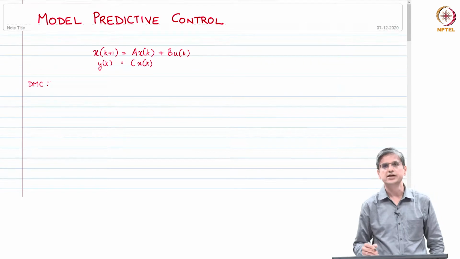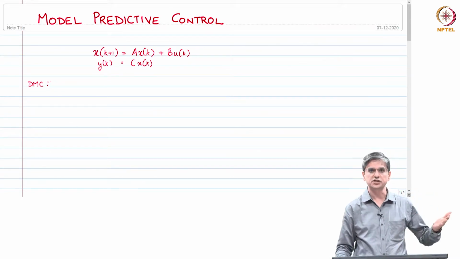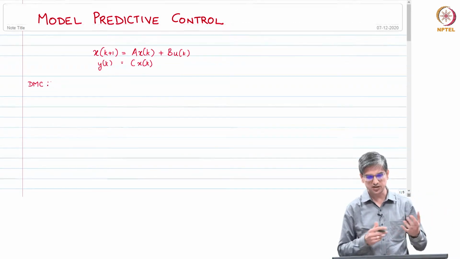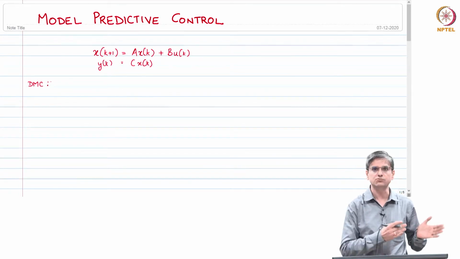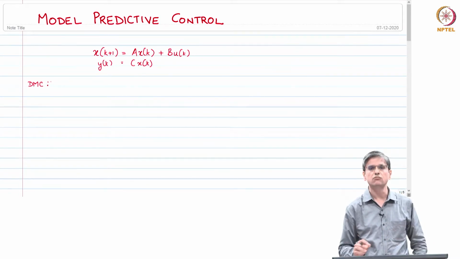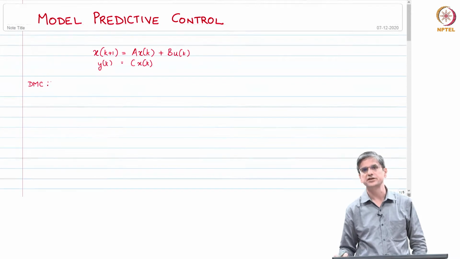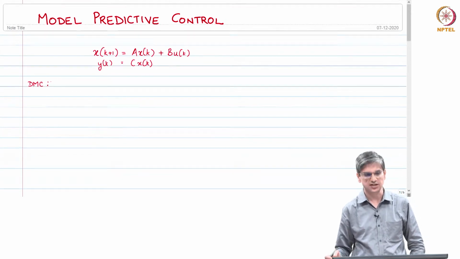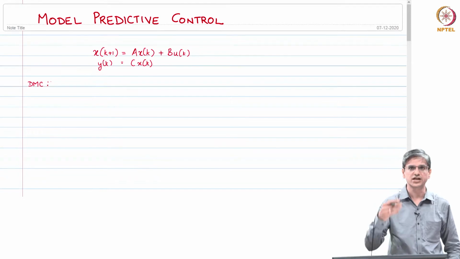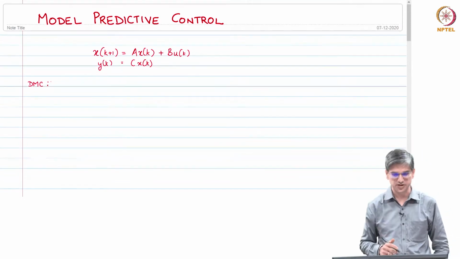Okay. In addition to that, there were unmeasured disturbances and errors in the model and plant, which we called model plant mismatch. And to handle model plant mismatch and those errors, we introduced the term e(k). e(k) was nothing but the error or the bias between y(k) and y measured. Okay.